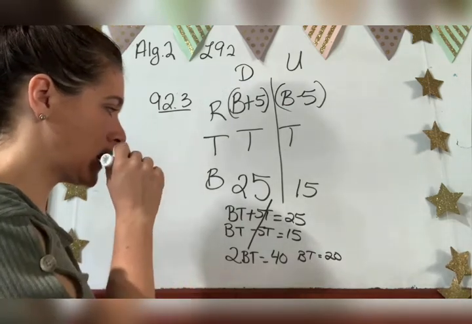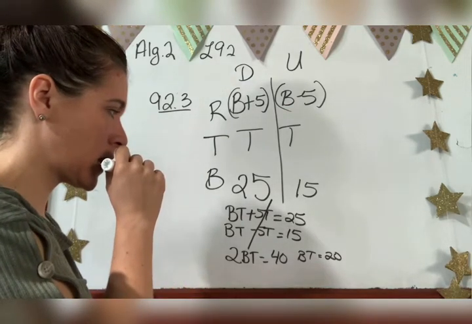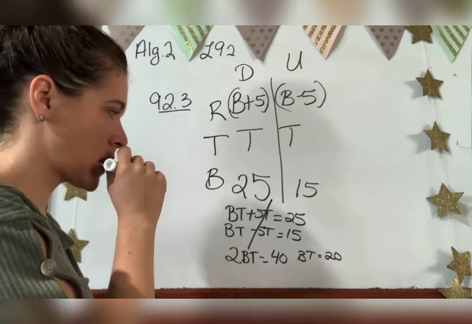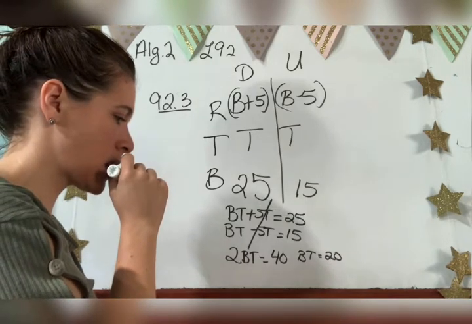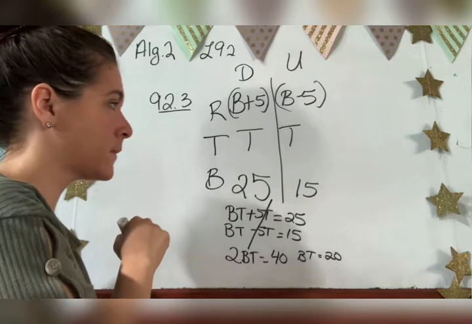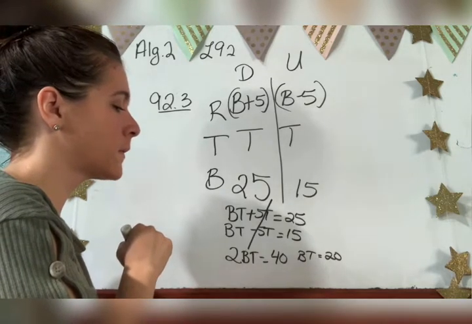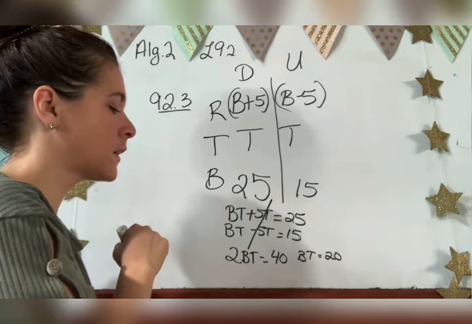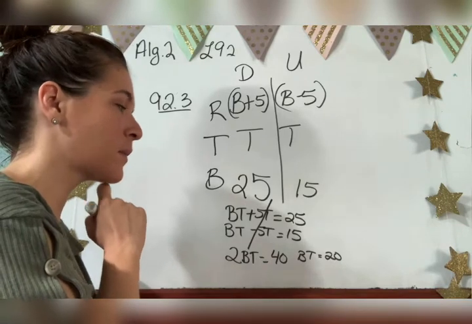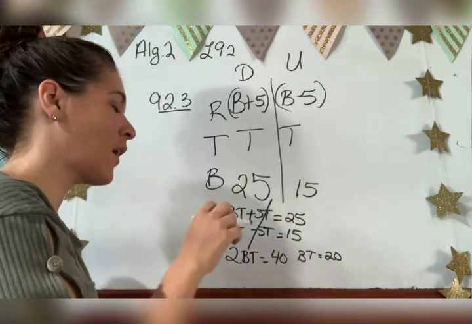I'm not trusting this one that we're going to end up with B as our, oh yeah, okay. Here we go.